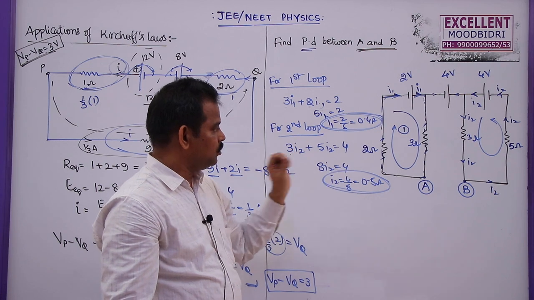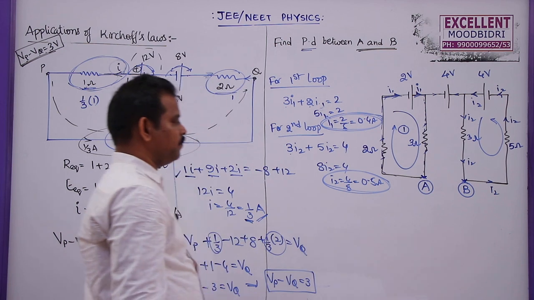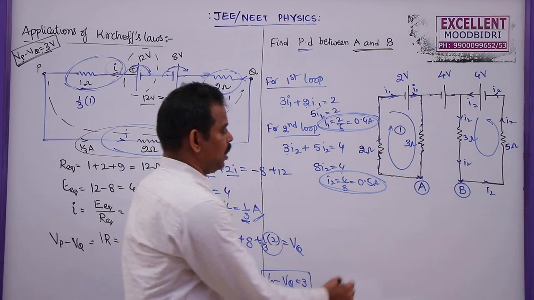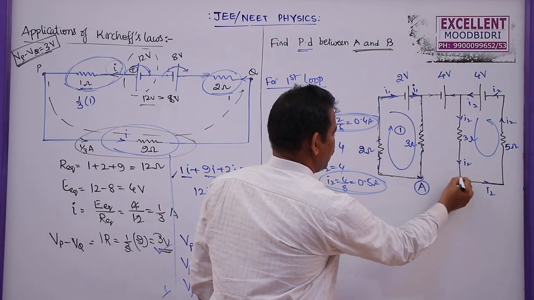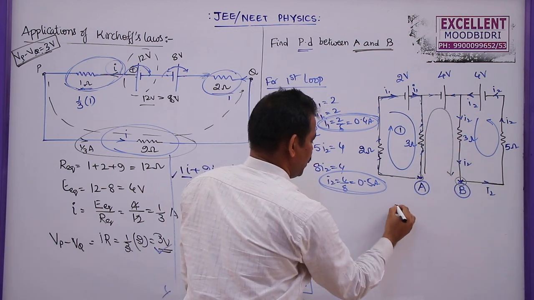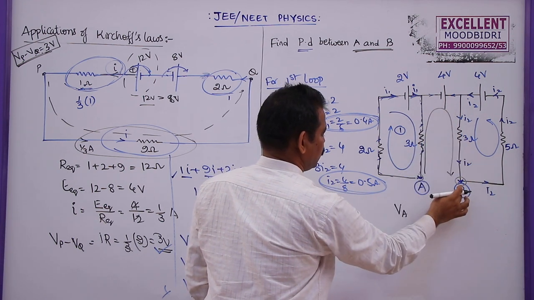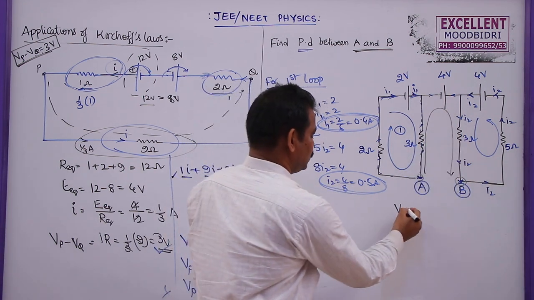So after finding these two values, now I want to find out the potential drop between A and B. So let me take this circuit here. VA plus potential drops here is equal to VB. This is VA.